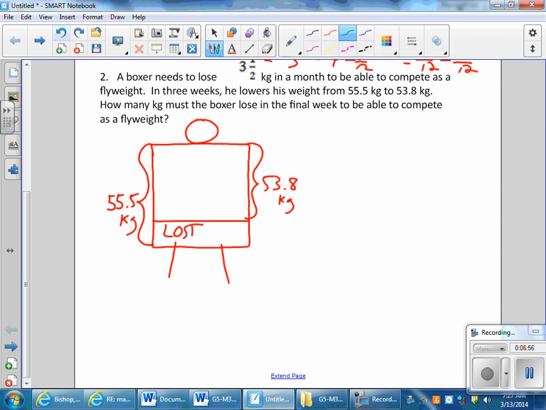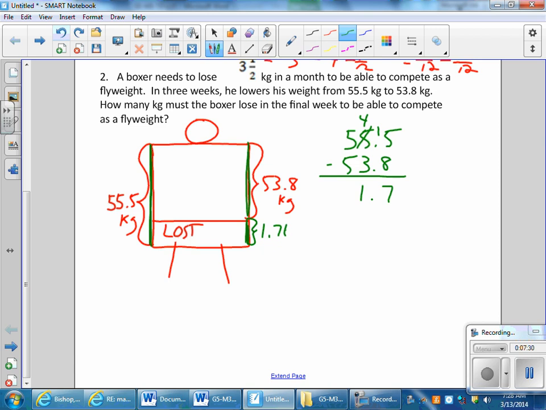So how do I figure out what that is? That's the lost. That's what the boxer has lost already. How would I figure that out? Well, it's the difference between what he was and what he is. That's what the boxer has lost already, 1.7 kilograms.